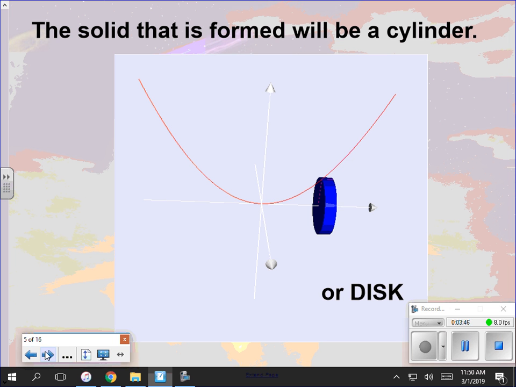It's our disc, or a cylinder, right? A cylinder and a disc are the same thing. What's the difference between the cylinder and a disc? Cylinders tend to be tall and skinny, discs tend to be big and round and very short. But they're the same shape, just different proportions. Okay? But that's what we're doing. We're doing a disc. You take that, rotate it around, you get a disc.